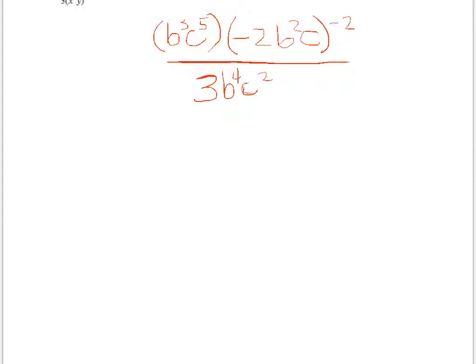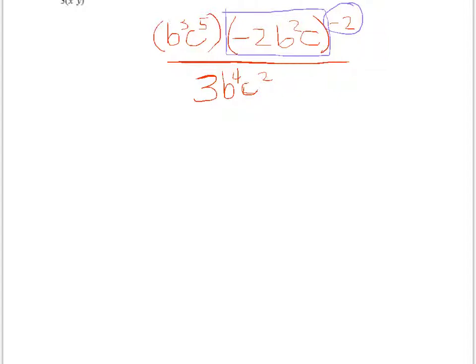The very first thing I'm going to want to do is address the negative exponent on the top. I've got this quantity, this is my base. This base is being raised to a negative exponent. When we have negative exponents, we remember to move it to the other side of the fraction, and the exponent is going to become positive.